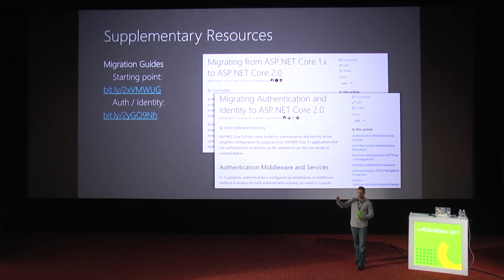That will take you directly to an issue where customers like yourselves are asking specific questions to the engineering team about, okay, but you didn't cover this edge case in the document. How do I tackle this in migrating to 2.0? The engineering teams are watching this very closely. As we discover these edge cases that we never thought of, we're incorporating that feedback into this particular document.